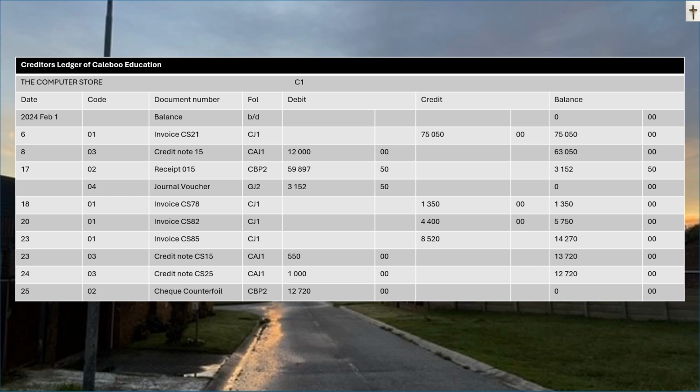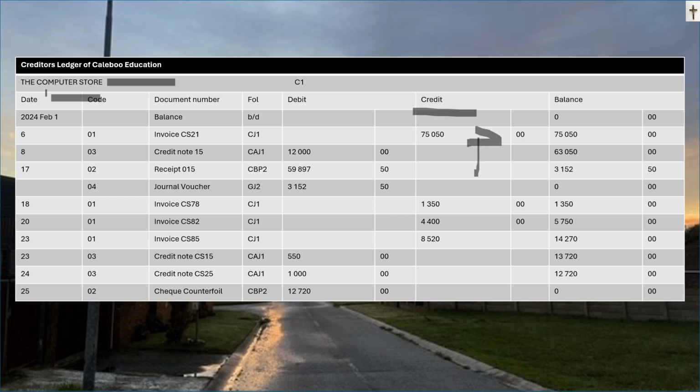And this is just a picture of the computer store account on its own, all the transactions. So the debit column, let's start with the credit column. This is in our books, the books of Calibre Education. We're looking at the account of the computer store.